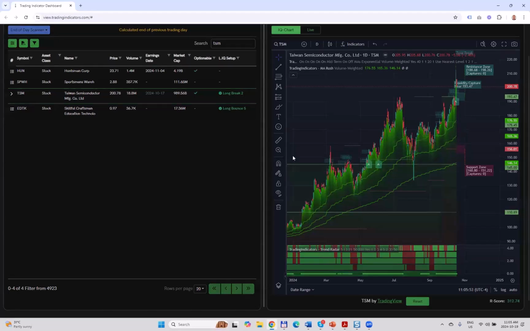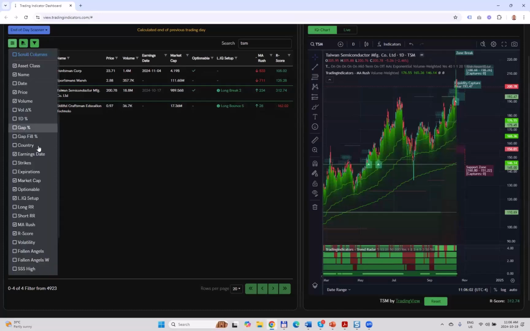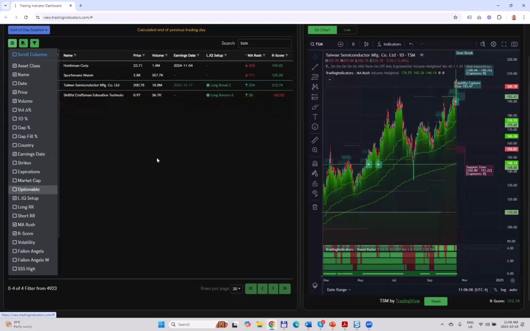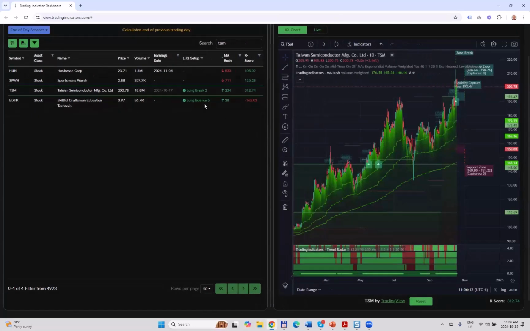You can drag this over here to make the scan column bigger, so you can see these R score columns as well. Or, of course, you can also just disable some of the columns that are not so important, maybe market cap and optional. We know the stock is optional. Then we have more space on the scanner. Perfect. Okay, so Taiwan Semiconductor.